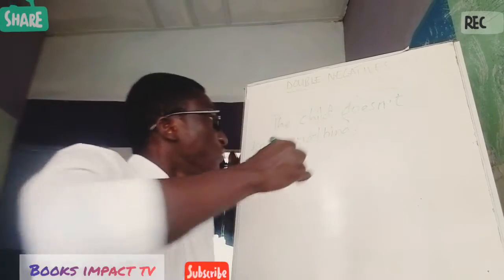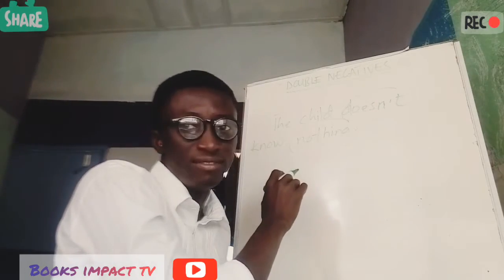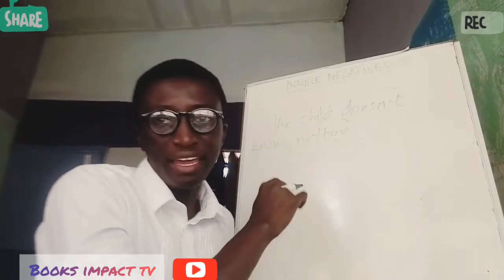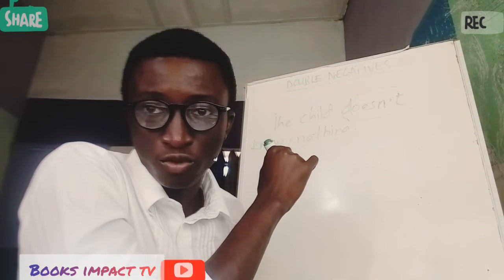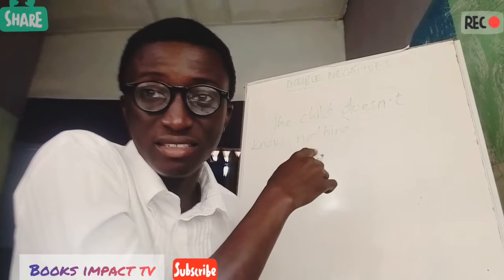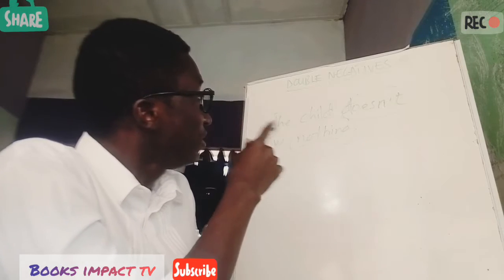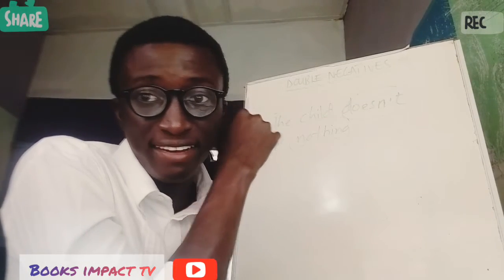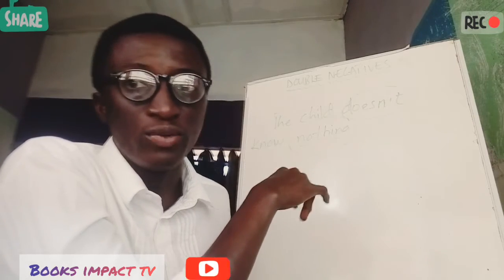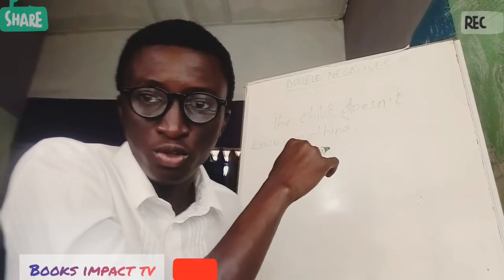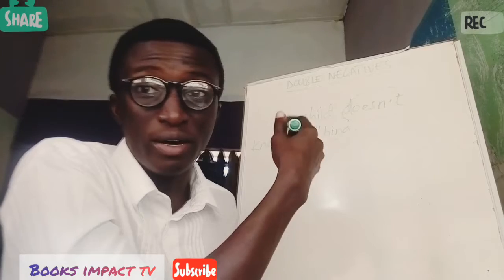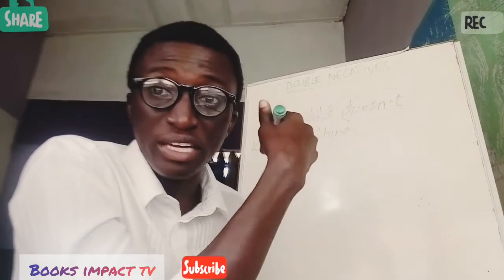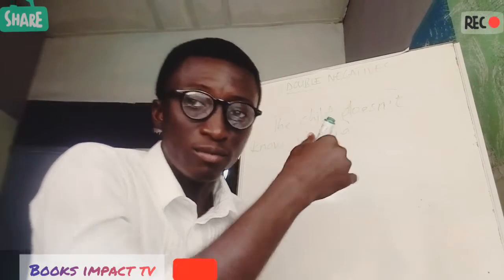So when you write two negatives in a sentence, it is a grammatically incorrect way to put a sentence, whether you are writing it or even speaking it. That is what I'm talking about.